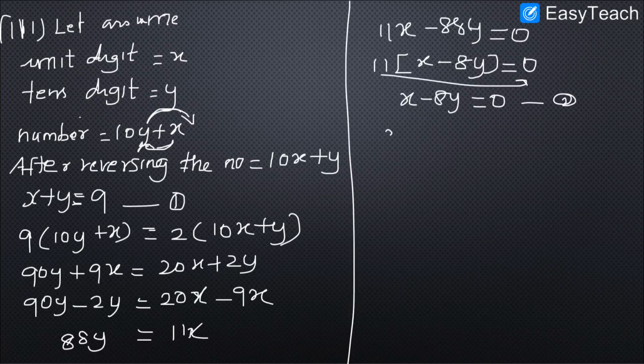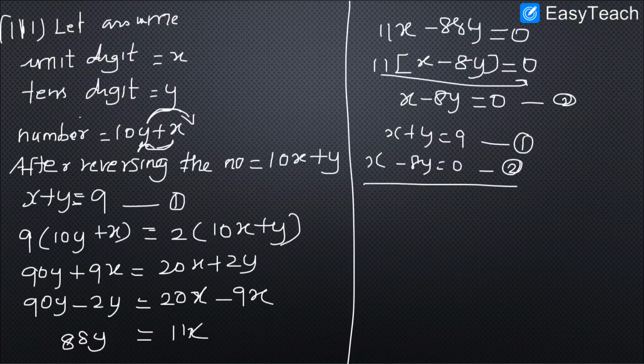What is our first equation? x plus y equals 9. Second equation: x minus 8y equals 0. Look here: what are we supposed to do to eliminate one term? I think we subtract. If we subtract, this will go. So I am going to change the sign, minus.